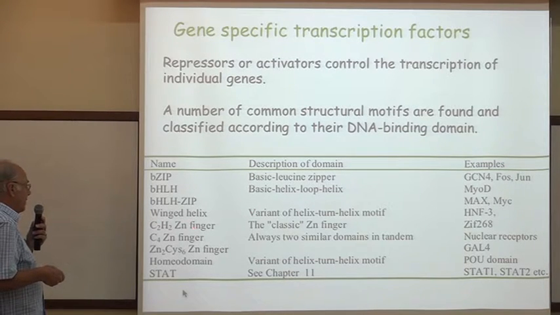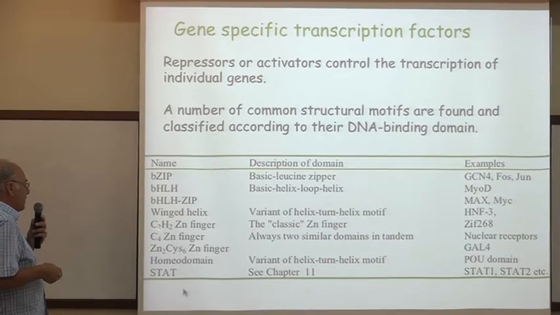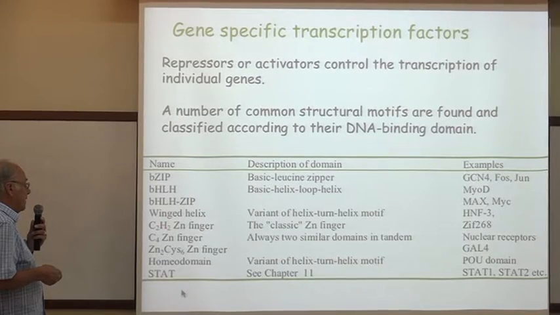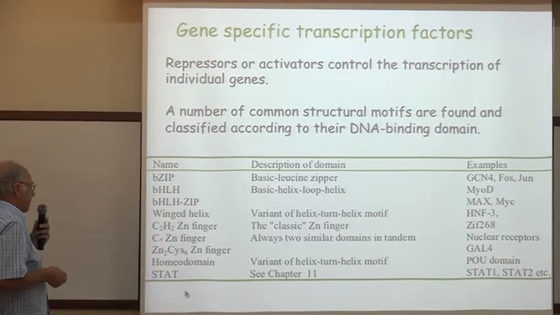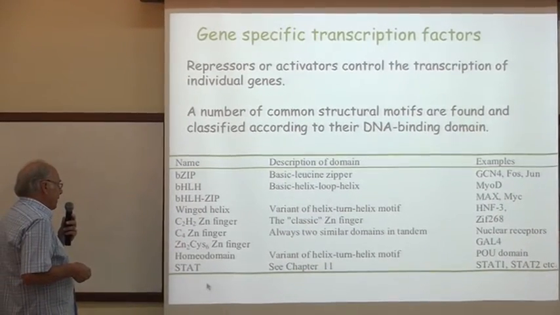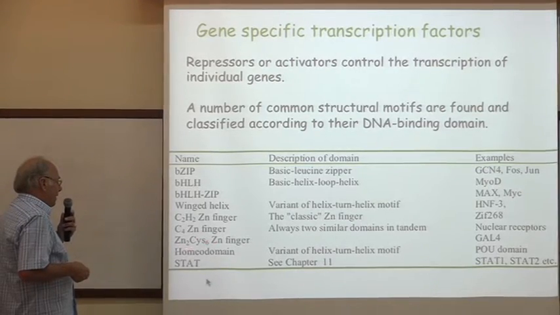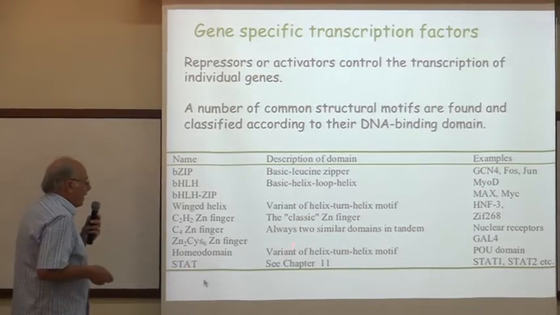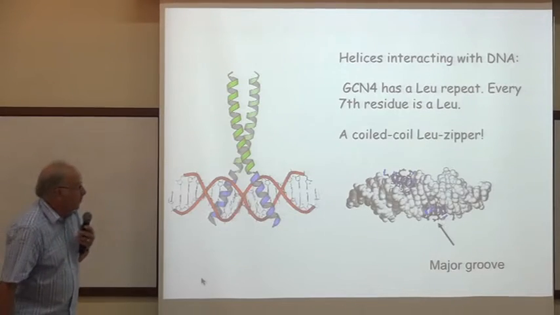And then zinc fingers, there are different types of zinc fingers. There is C2H2, which means 2 cysteines and 2 histidines bind a zinc. And there are zinc fingers with 4 cysteines. There are also 2 zincs bound to 6 cysteines. And then the homeodomain, and there's a STAT domain. So we'll show some of these examples.